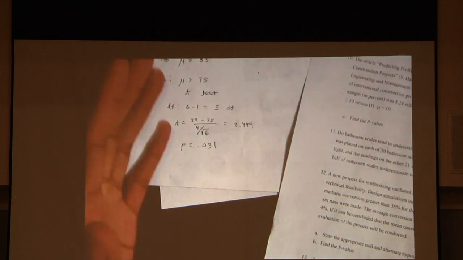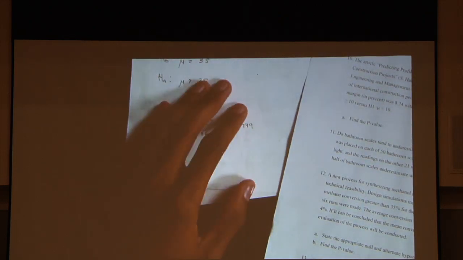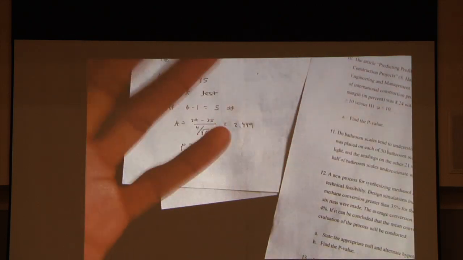For central limit theorem, to assume that a distribution is normal, you have to have a sample greater than 30, right? But for t distribution, you have to have it less than 40. To assume that it's normal is 30, but to actually say that it's distributed as t, it has to be less than 40.